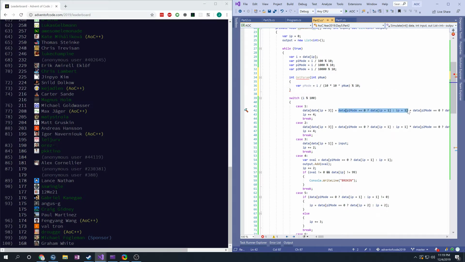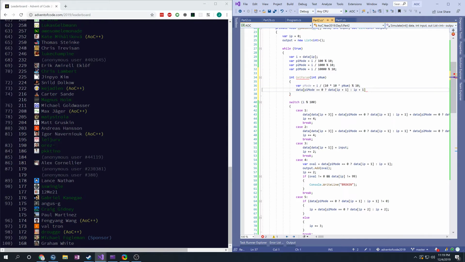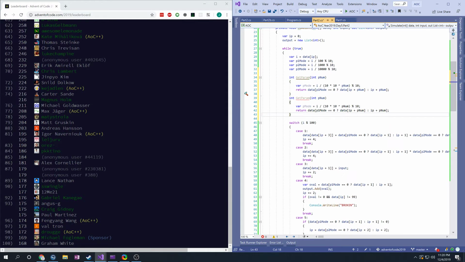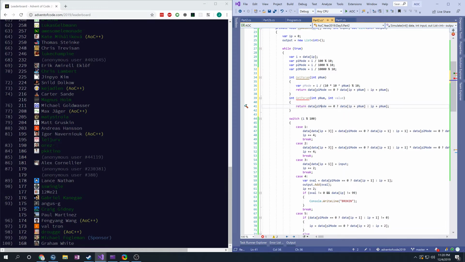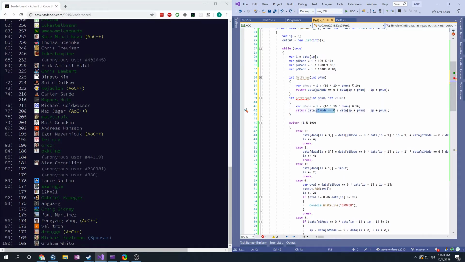Then I can... I don't need parameter modes for those. Well, it won't hurt to check it or to do it. Actually, I was just putting those in there, wasn't I? Yeah, I forgot to fix that one.